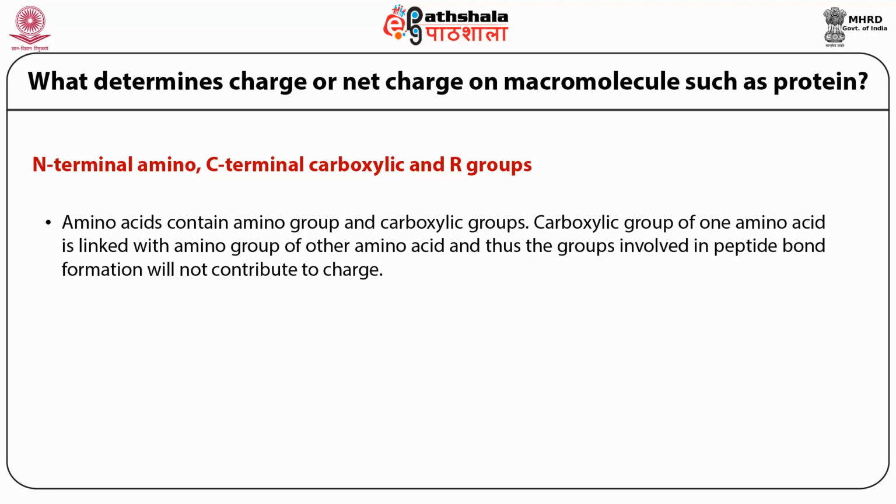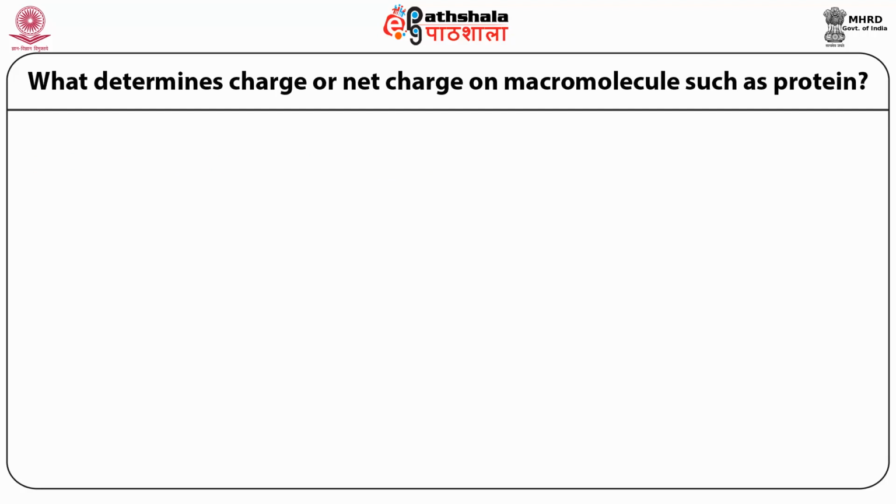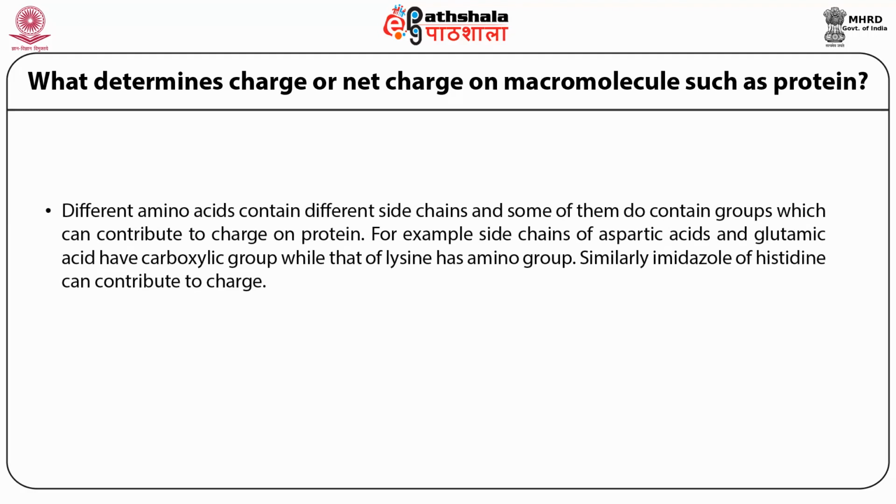on protein molecule. Amino groups and carboxylic groups, which are used in peptide bond formation, will not contribute to the charge on protein molecule. As I said earlier, amino acids have R group, and some of the R groups may contain ionizable groups, which can contribute to the charge on protein molecule.